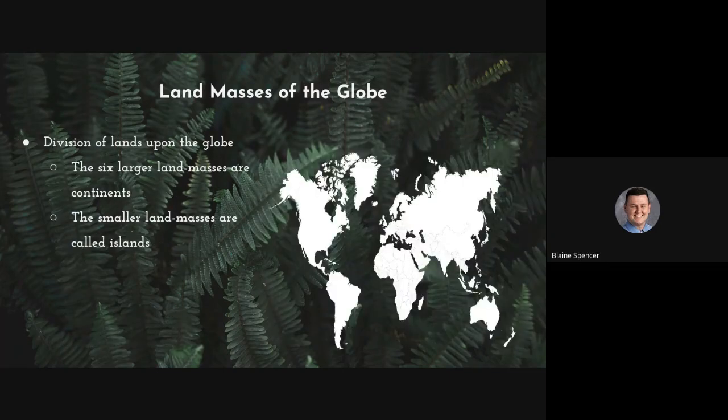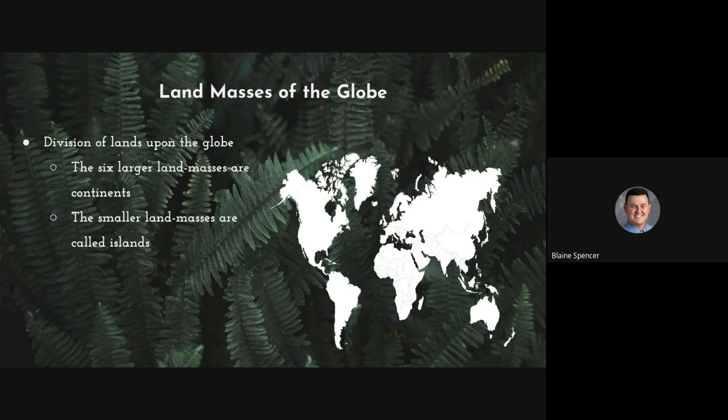As we continue looking at this, we see that there is distinction within the lands. When you break down all the lands that God created here on the earth, there is division, there is distinction, there are unique elements to each continent, and each island as well.